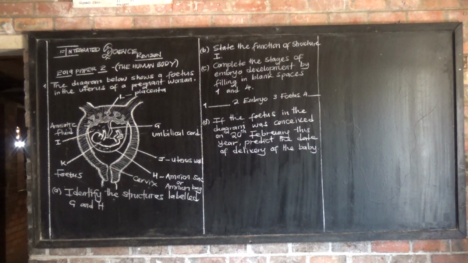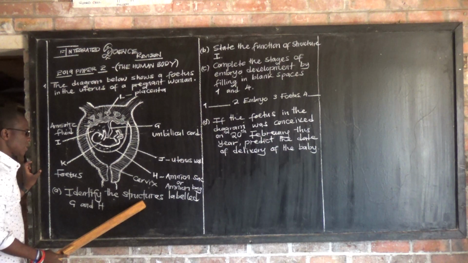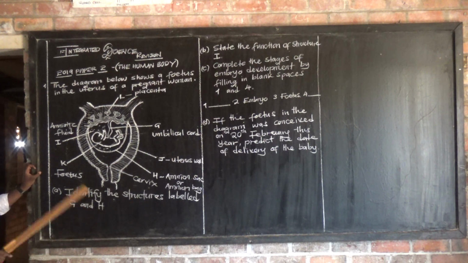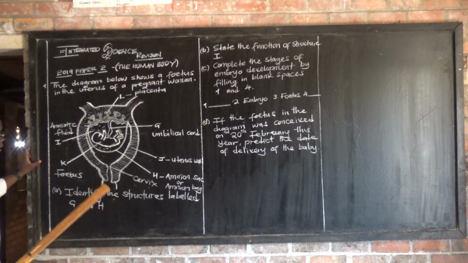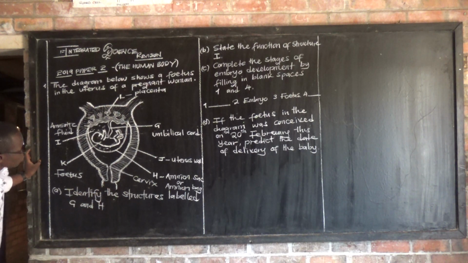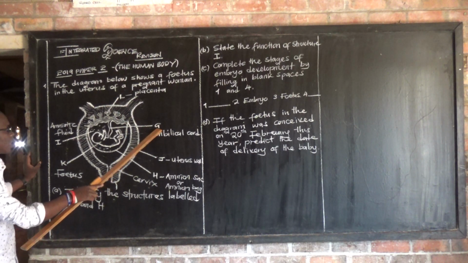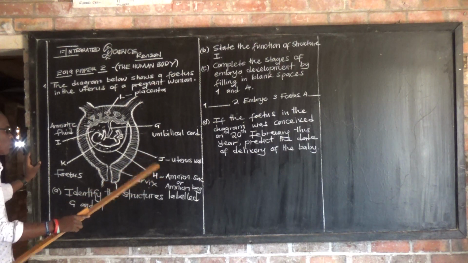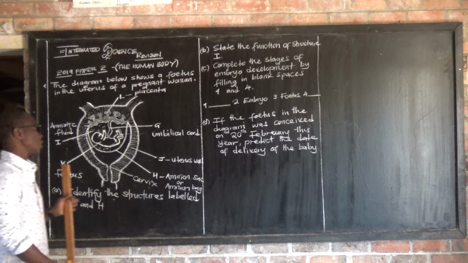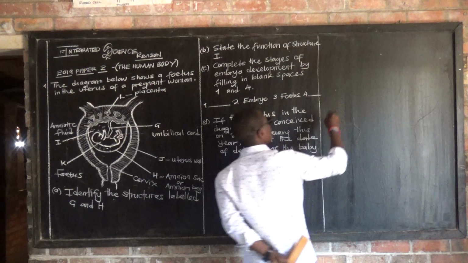Question A says, identify the structures labeled G and H. So we have G, which is the umbilical cord, then H, the amnion sac. The solutions or answers are right from this side.